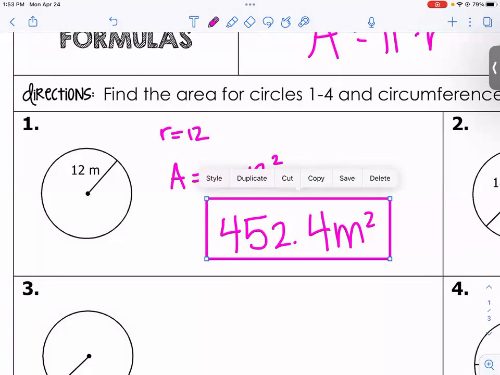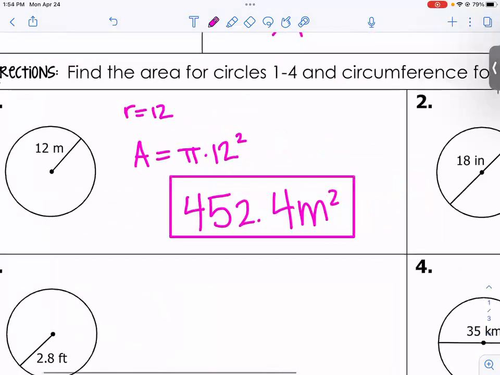Wait, how do they calculate what pi is? Okay, let's take a time out. Pi is the ratio of circumference to diameter. They did not make up random numbers. It's an irrational number.